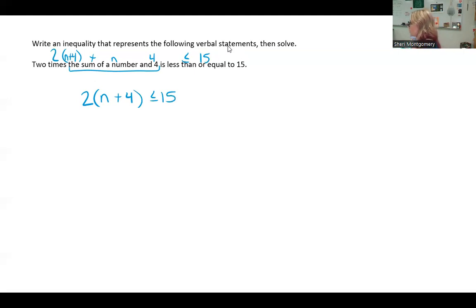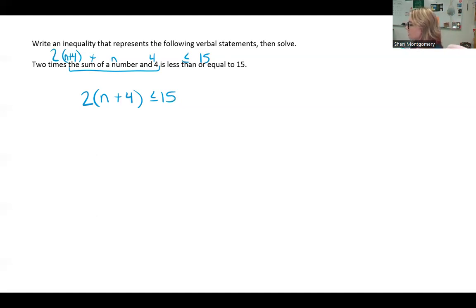I'm going to read it one more time to make sure that it matches. 2 times something, so 2 times the sum of a number and 4 is less than or equal to 15.